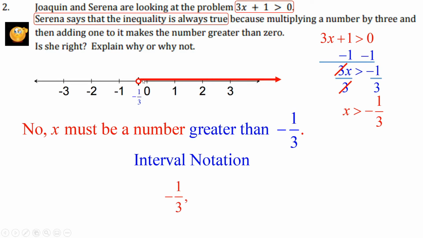All right, and I'm going forever and ever and ever to the right. That's infinity. And because of the open dot, x cannot equal negative 1/3, parenthesis, and we can never reach infinity, so parenthesis on the other side. If we could equal either of those endpoints, we'd put a bracket rather than a parenthesis.